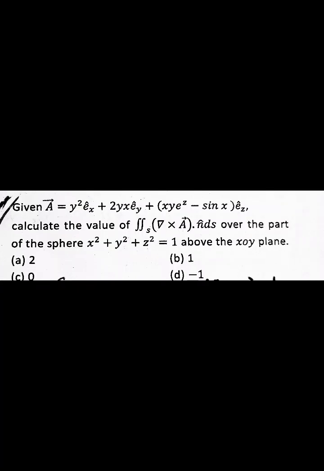Next question is, given A is equal to y² ex plus 2yx ey plus xy ez minus sin x ez, calculate the value of the double integral over S of (∇ × A) · n cap dS over the part of the sphere x² plus y² plus z² equal to 1 above the xy plane.